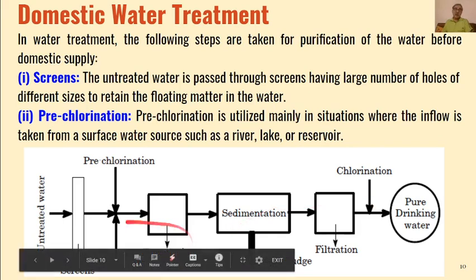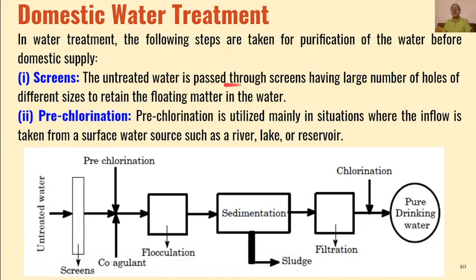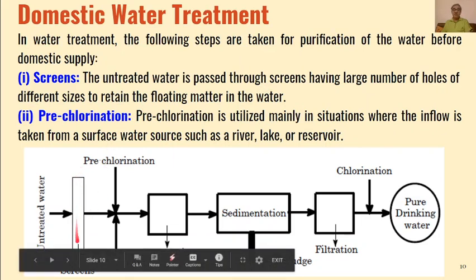First, untreated water is passed through screens having a large number of holes of different sizes. Any floating material present in the untreated water will be removed by this screen.